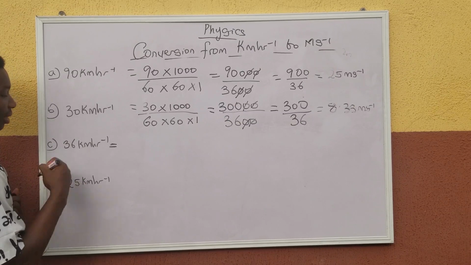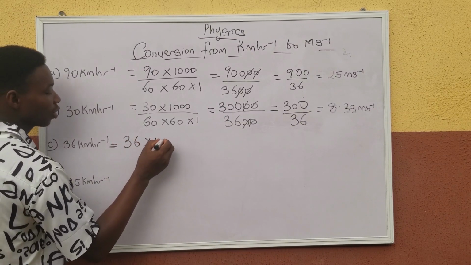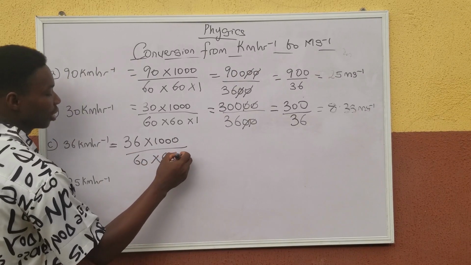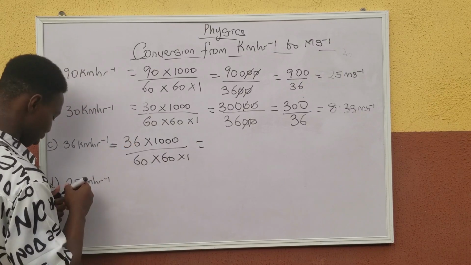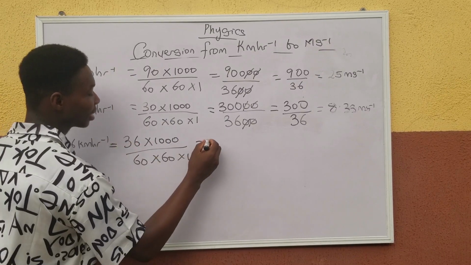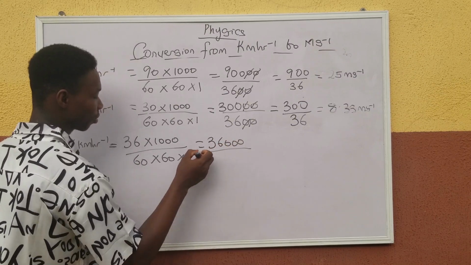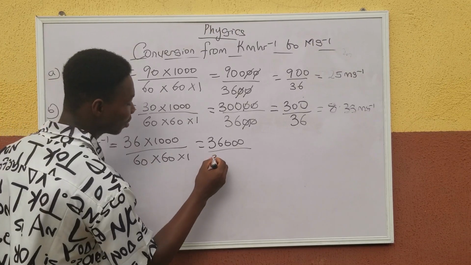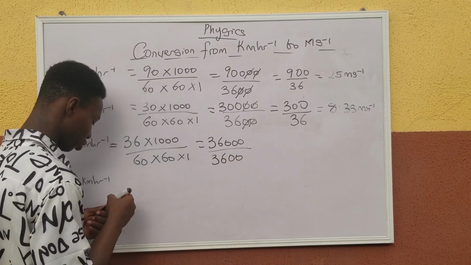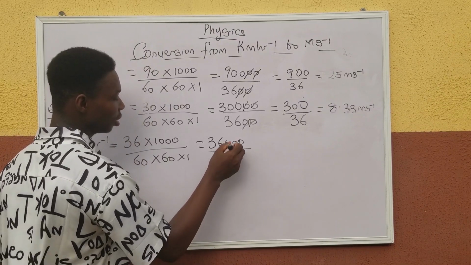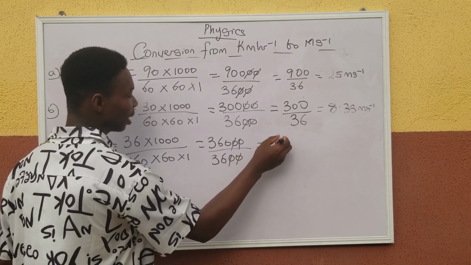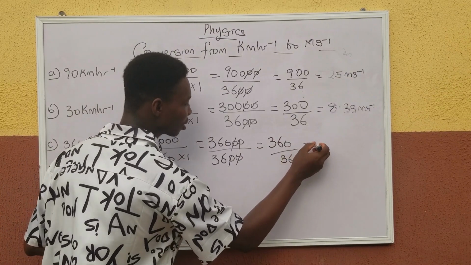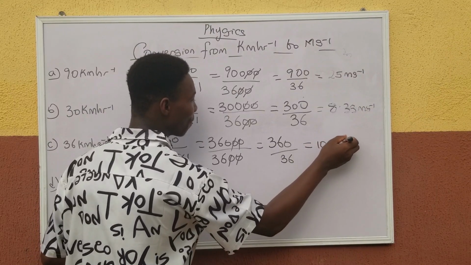So it's the same thing as 36 times 1000 all over 60 seconds times 60 minutes times 1, which will give us 36 times 1000, the same thing as 36,000. 60 seconds times 60 minutes times 1 is the same thing as 3,600. 0 here cancel 0, this eliminates this. We have 360 all over 36. 36 in this gives us our answer, 10 meters per second.